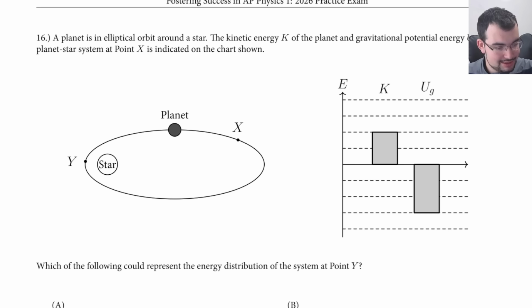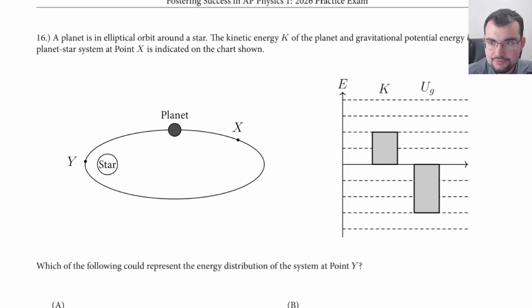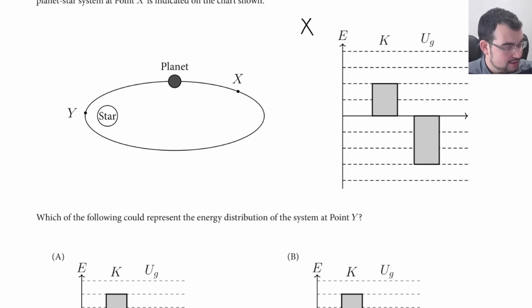Oh, more bar charts. All right. A planet is in an elliptical orbit around a star. The kinetic energy K and gravitational potential U are shown at position X. We want the energy distribution of the system at point Y. At point X, we have some kinetic energy, and we have more gravitational potential energy.